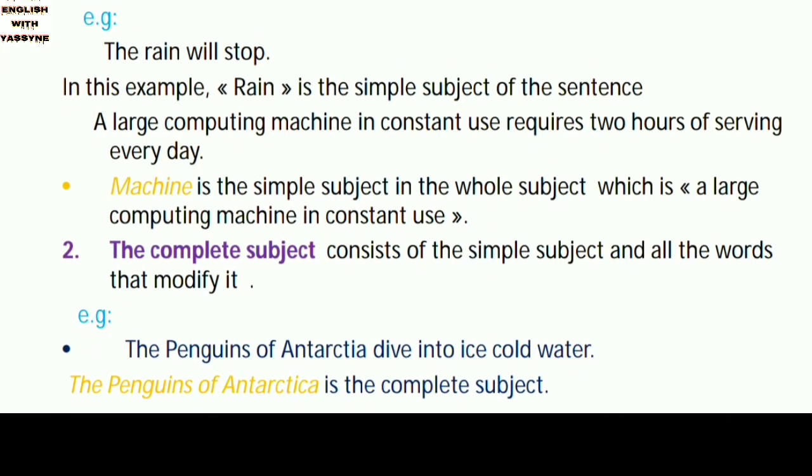We have the first type, the simple subject. The simple subject is the word or group of words that tells you what a sentence is about, and it is the principal word or words in the subject, which means that this is the whole subject, and a simple subject is just the main word in the subject.